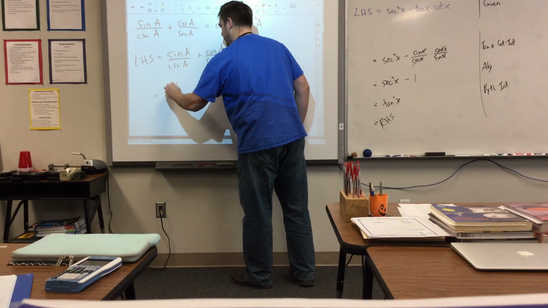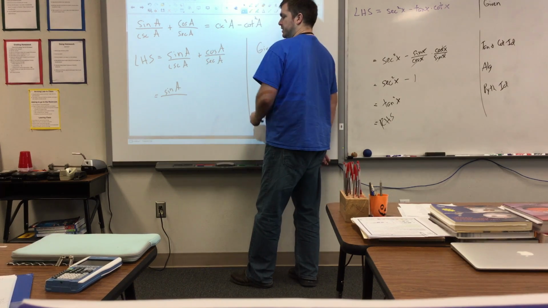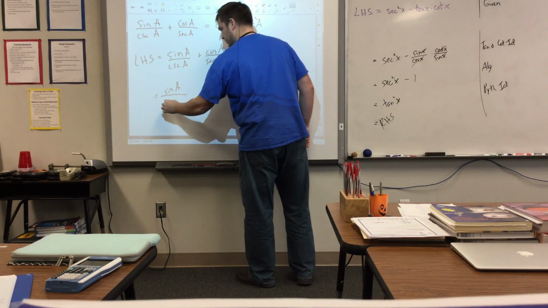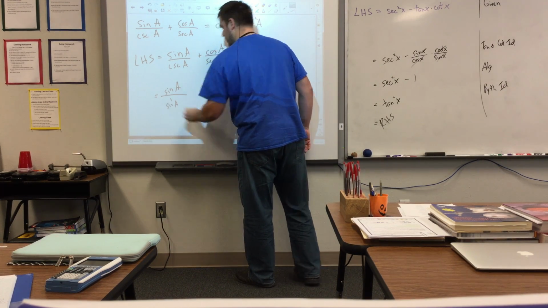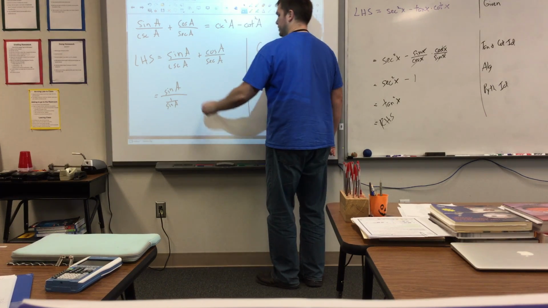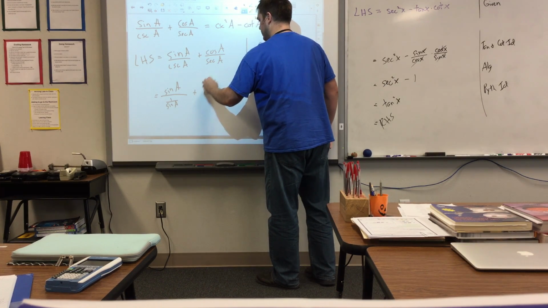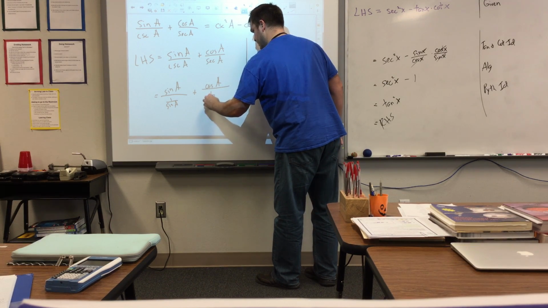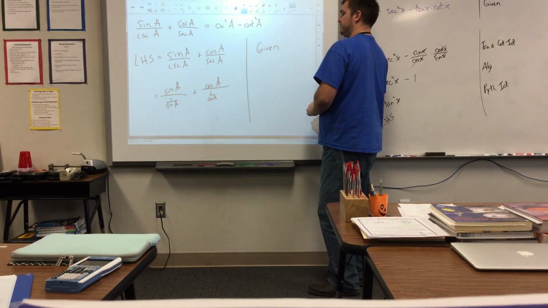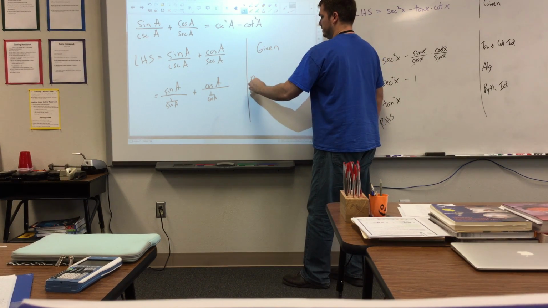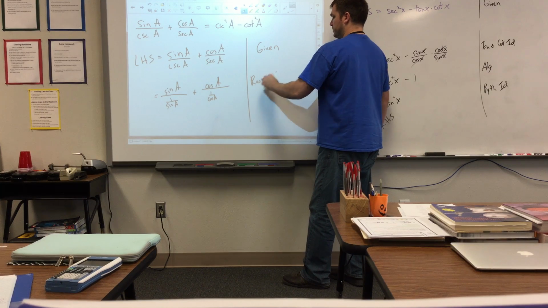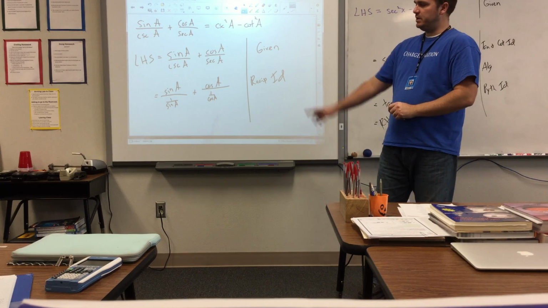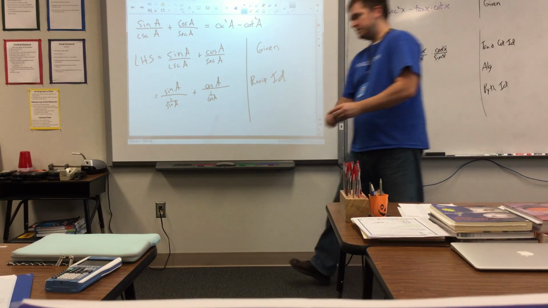So we've got sine of A over, cosecant, somebody help me out, is 1 over sine, plus 1 over cosine, cosine A, and 1 over cosine A. That is the reciprocal identities. See what you can do, see if you can start simplifying those up.